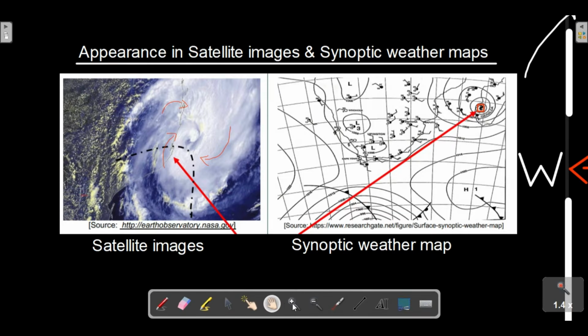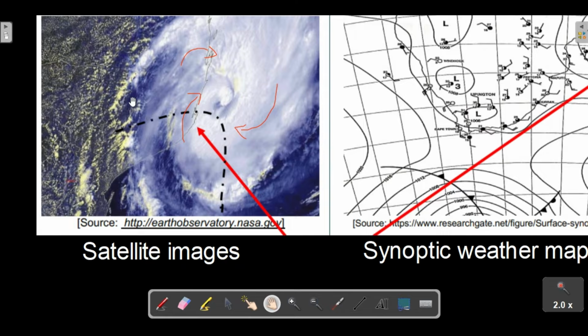So in this particular cyclone, we are shown this region. This region right here actually has a name, and it is one question that is very common, and a lot of students really struggle with it.